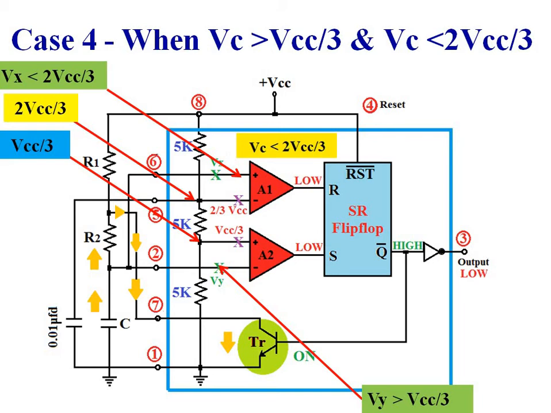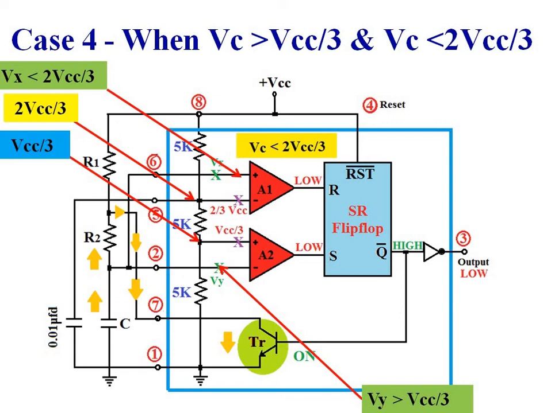For the SR flip-flop, S input is equal to 0 and R input is equal to 0. Output of SR flip-flop is equal to previous output. SR flip-flop retains its previous output. So Q is equal to logic 0 or low and Q bar is equal to logic 1 or high.